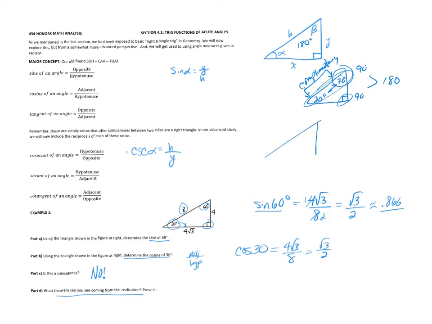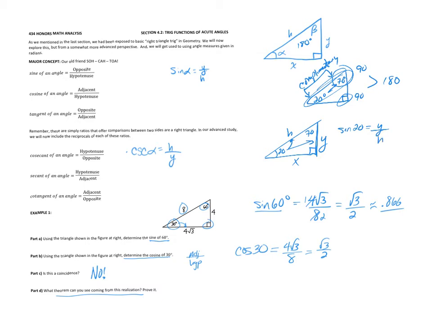So if we take that situation where we have a 20-degree angle here and a 70-degree angle here, and I don't know what this side length is or what this side length is or what this side length is, but I can tell you that the sine of 20 degrees would be the opposite, which is y, over the hypotenuse, which is h.